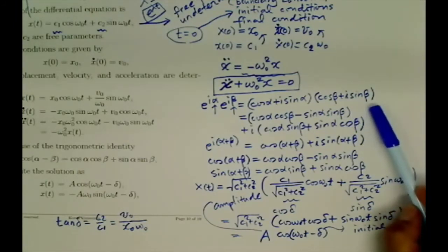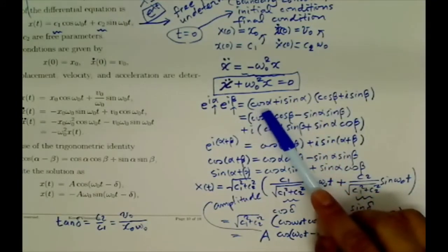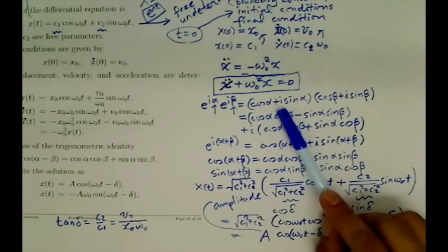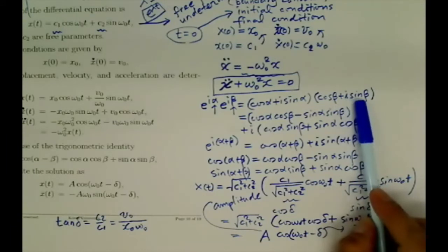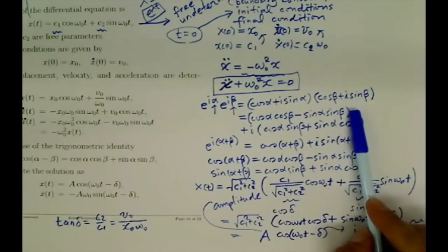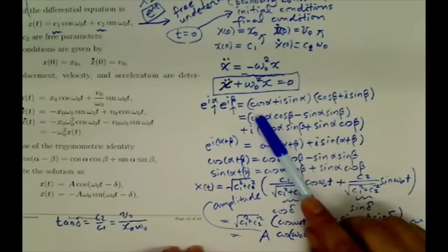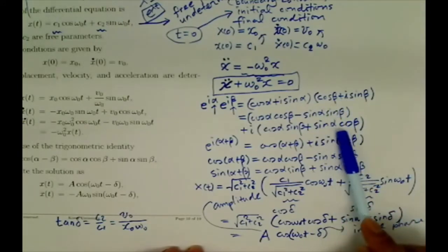If I expand this, the real part is composed of cosine alpha cosine beta, and i squared gives a negative sign, and sine alpha sine beta. The imaginary part has i factored out, with cosine alpha sine beta plus sine alpha cosine beta.